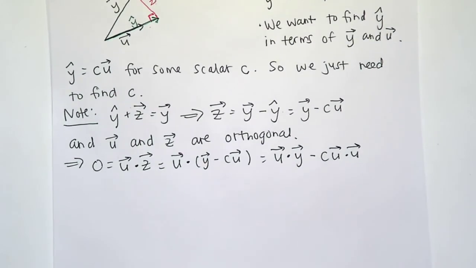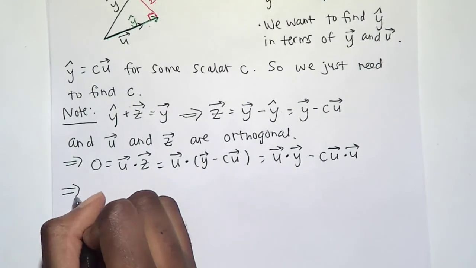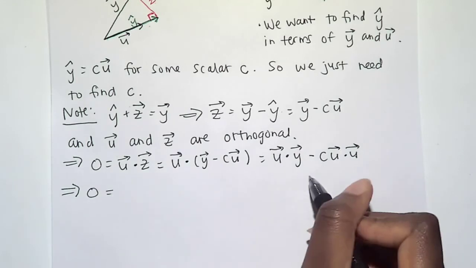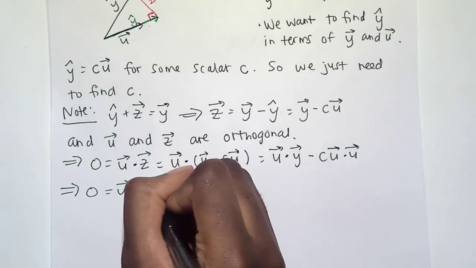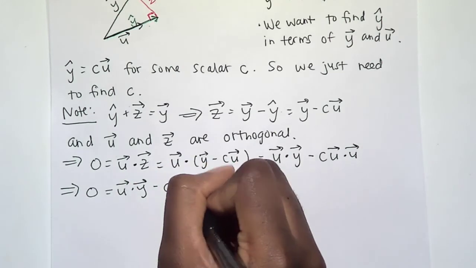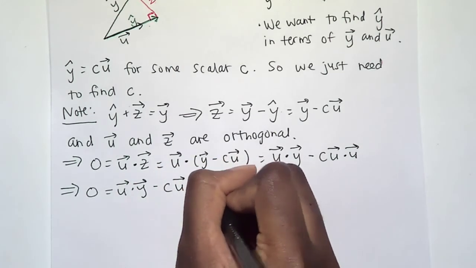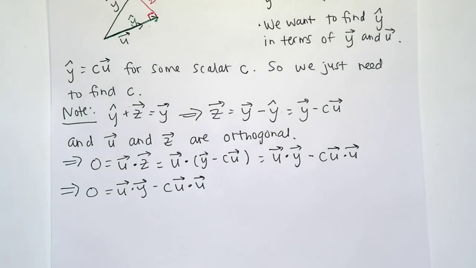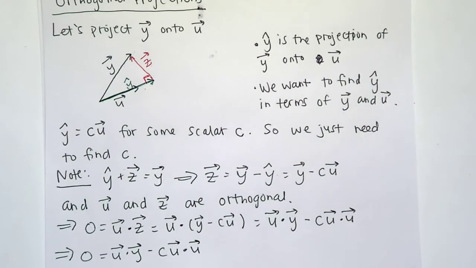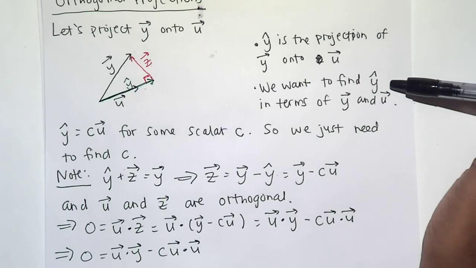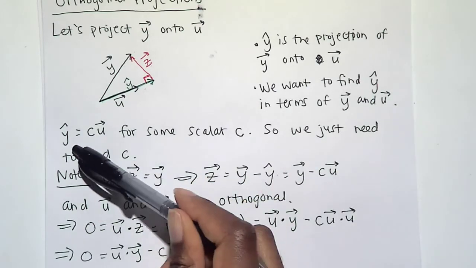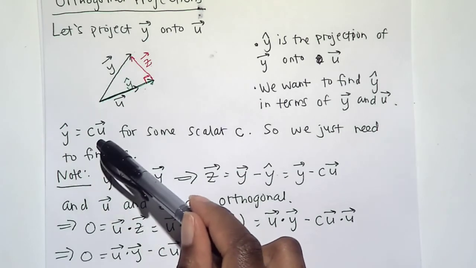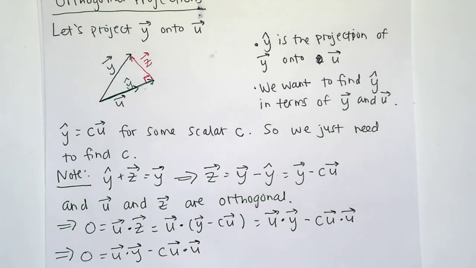All right, so you have a long chain of math. Let's summarize the main part. The main part is 0 equals u dot y minus cu dot u. All right, so what is the point? Why are we even doing this? Remember, we want to find y hat in terms of y and u, and we've already decided that y hat is cu, so we just need to figure out what c is.